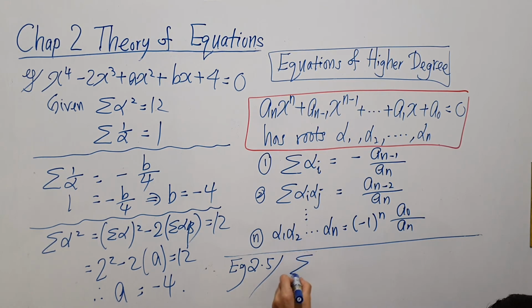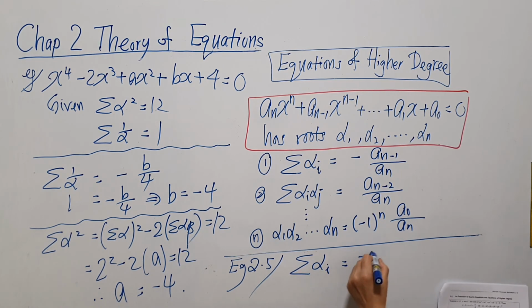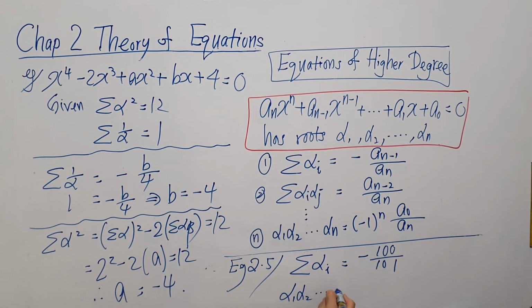It means you are asked to find the summation of alphas. The summation of all the roots is always equal to minus the second coefficient over the first. So it's just like that. Then to find the product of all the roots, according to this formula it is minus 1 to the power 100, the last coefficient is 1, the first coefficient is 101.